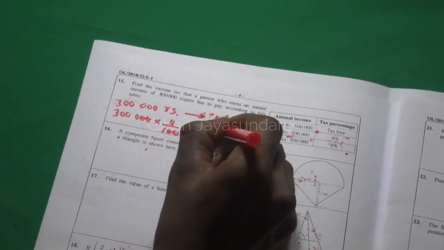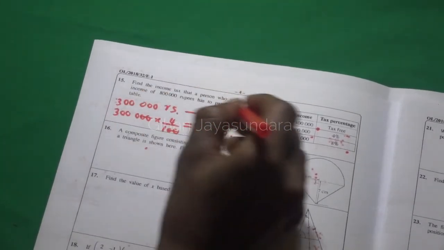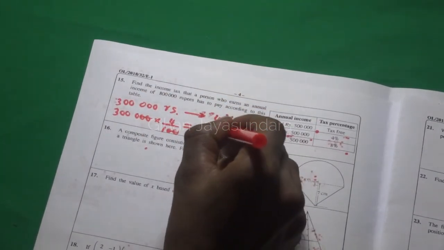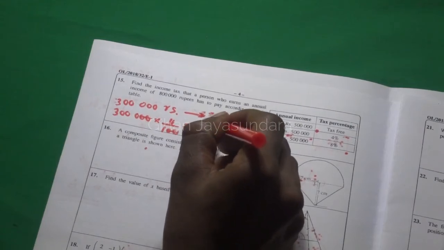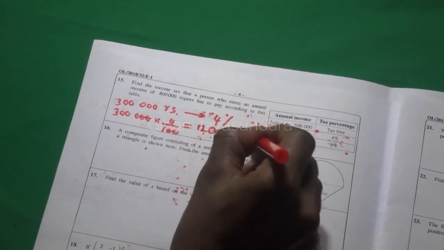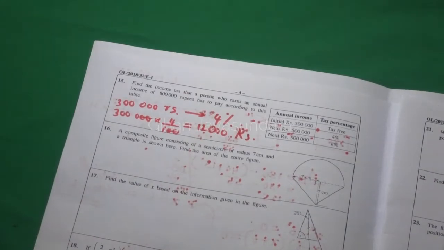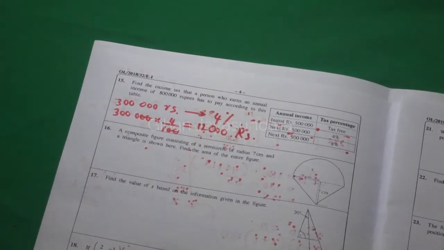So it should be 3 lakhs into 4 over 100. So the tax is 4 into 3000, that is 12,000. So 12,000 rupees is the tax for 8 lakhs, right?